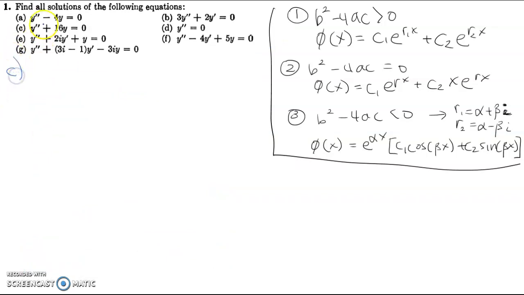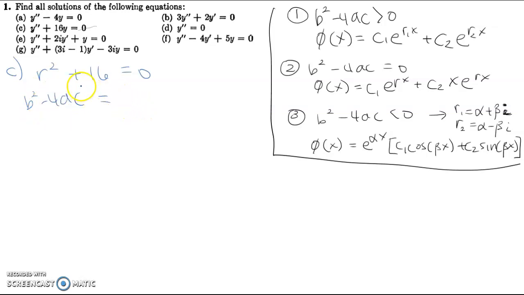Okay, moving on to part C. Part C would be using the r. This would be r squared plus 16 equals 0. So for this case, let's go ahead and actually calculate b squared minus 4ac.